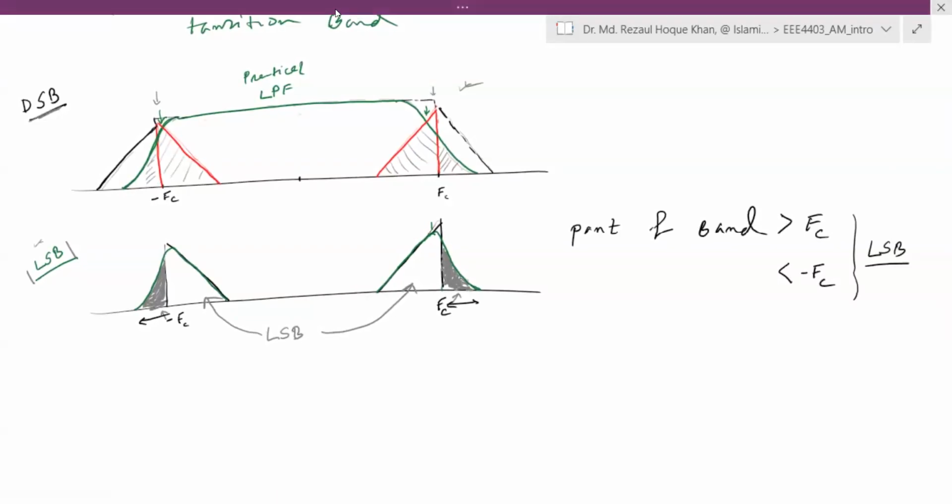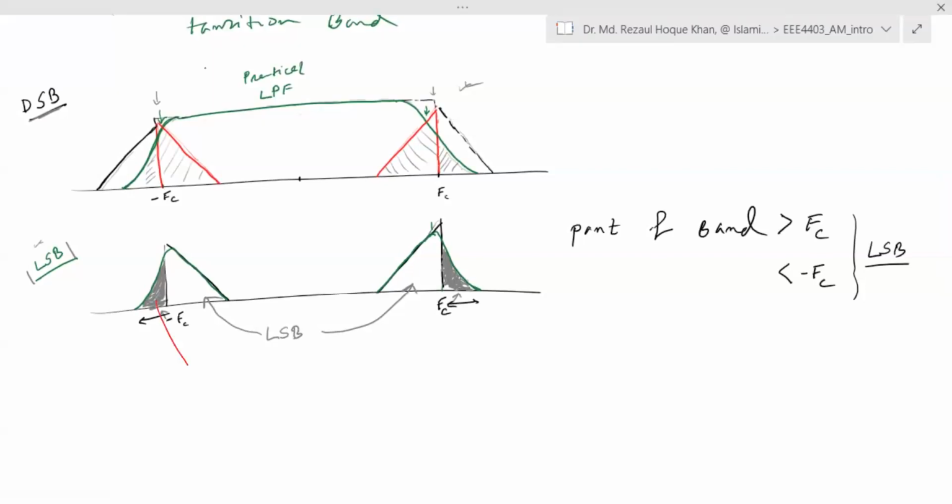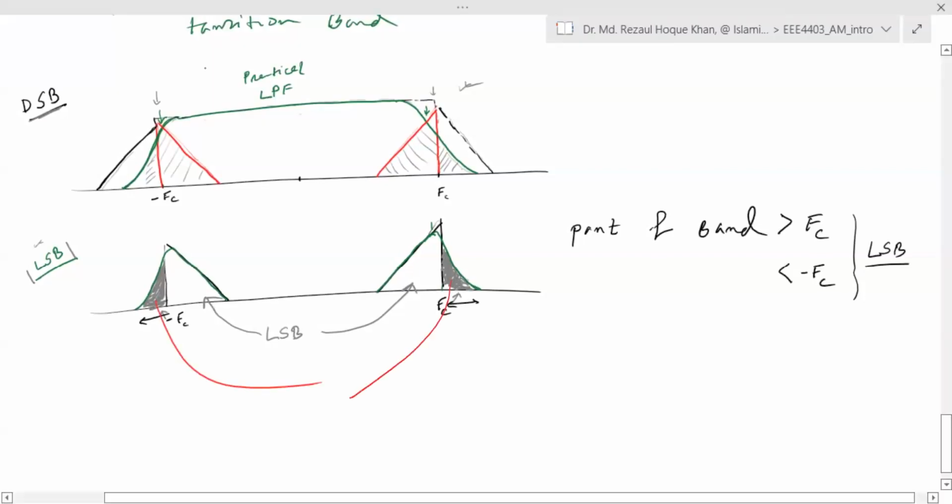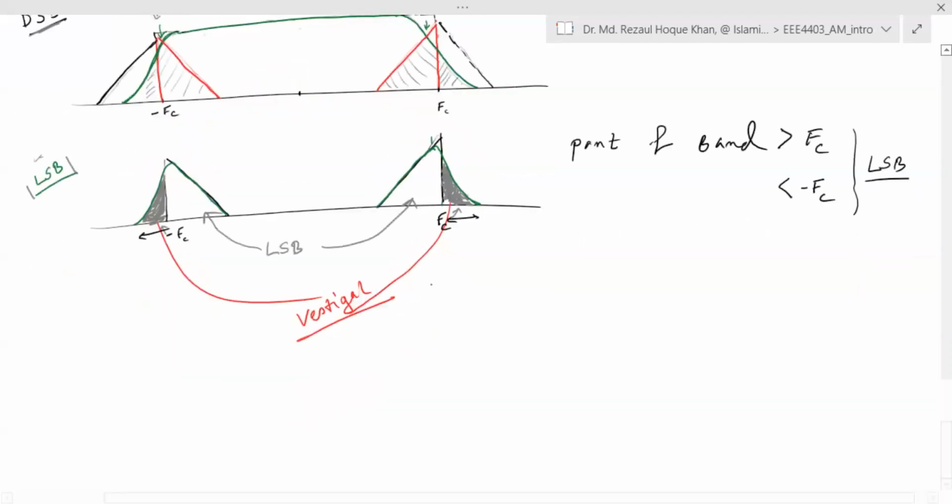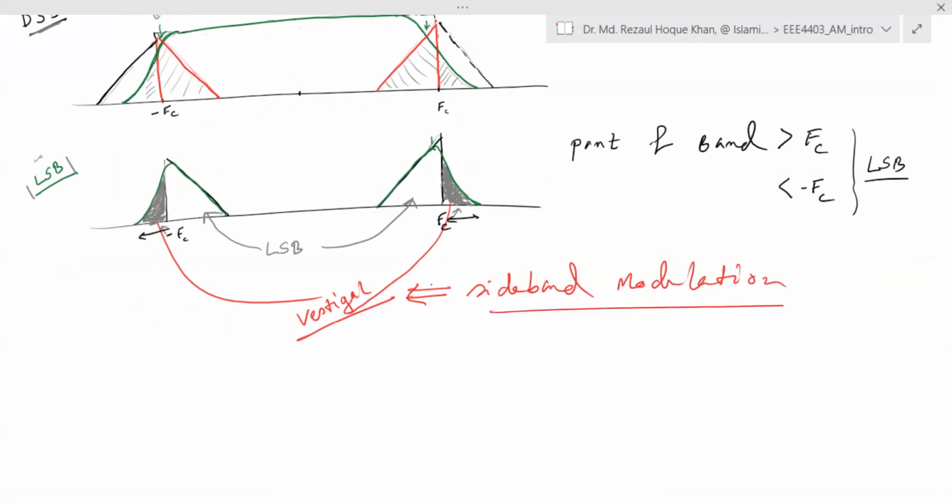This extra part, this part and this part, is called vestigial. A whole new modulation technique arises from this vestigial. We call it vestigial sideband modulation, and it will be discussed in one of the next lectures.